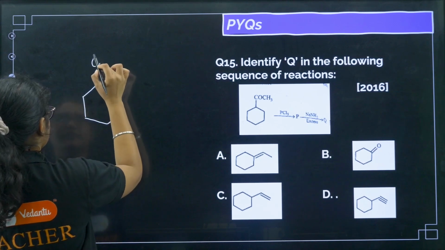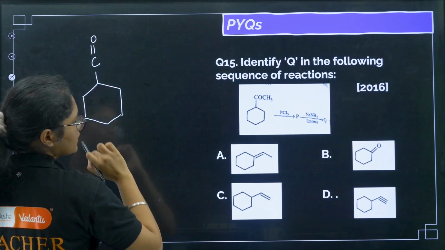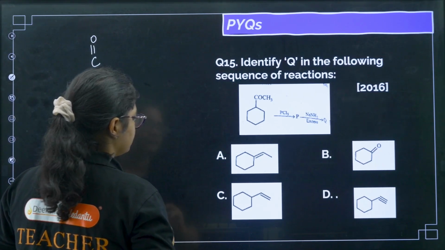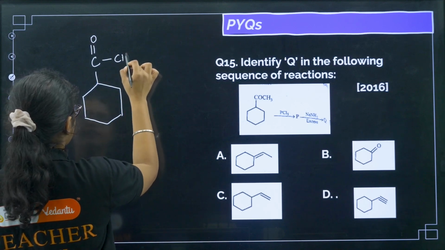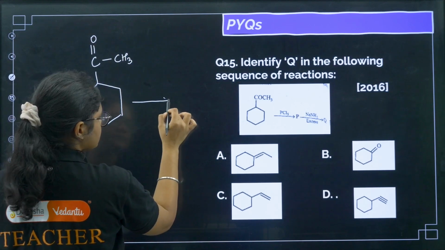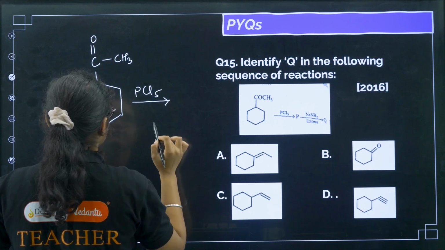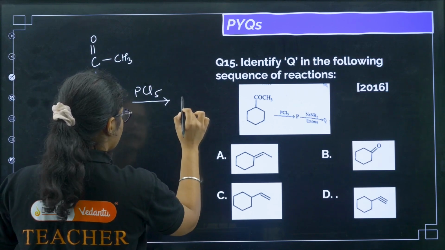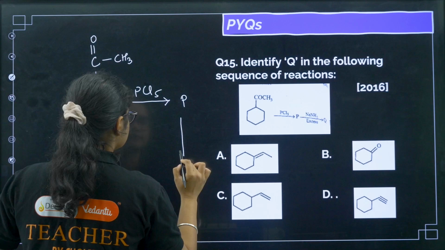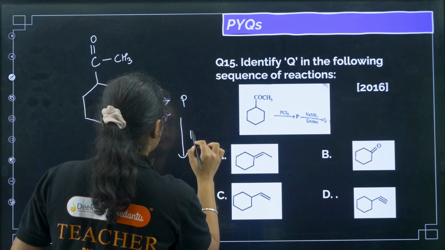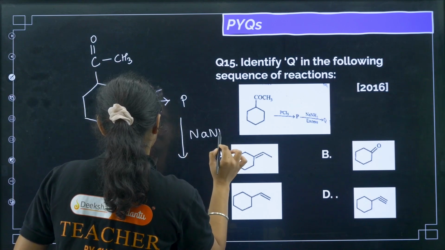So now I am treating this one with PCl5, and then I am getting P, and then treating it with excess NaNH2.